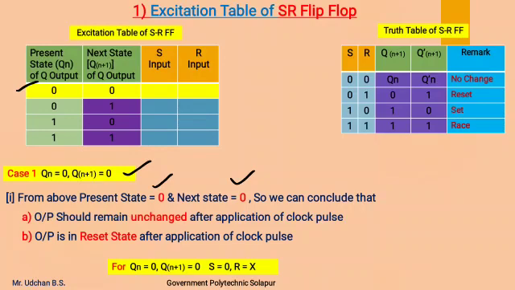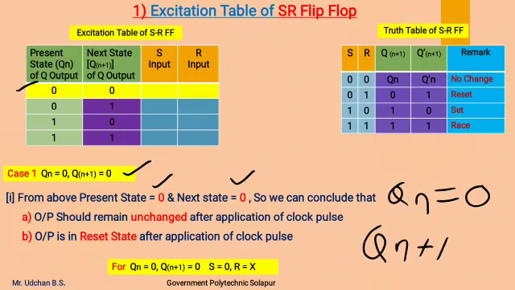So we can conclude that the output remains unchanged after the application of the clock pulse. That is, before the application of the clock pulse Qn was 0, and after the application of the clock pulse Qn plus 1 is also 0, meaning the output has not changed.